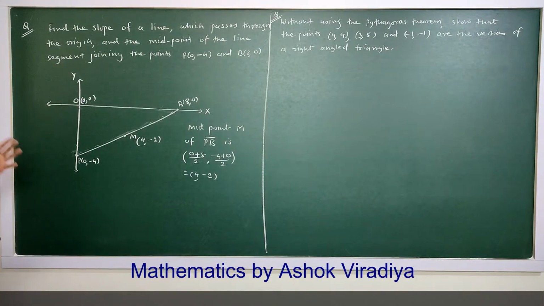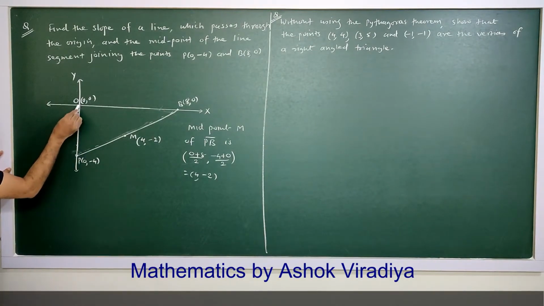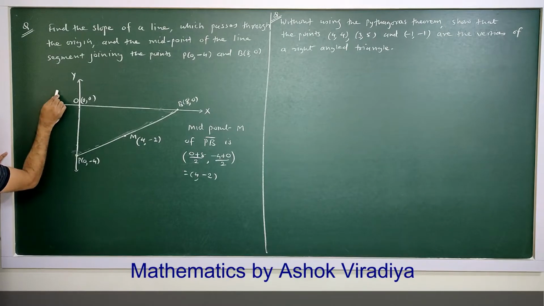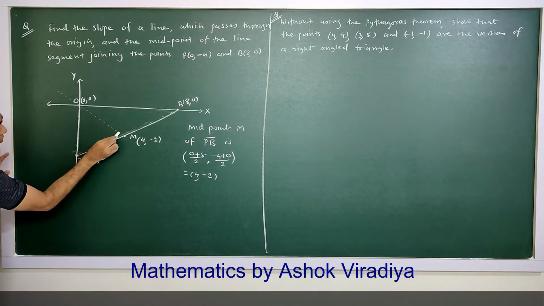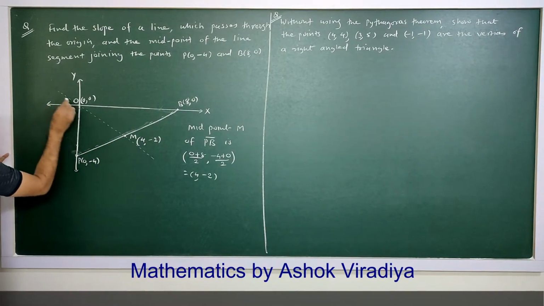Now we are asked the slope of the line joining the origin with this midpoint, so we need the slope of line OM.